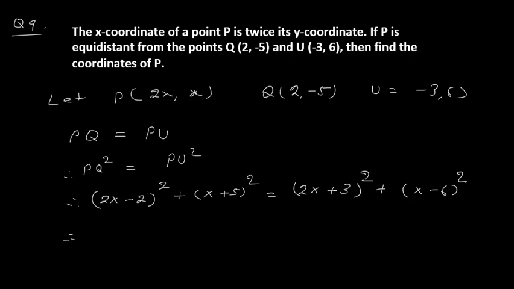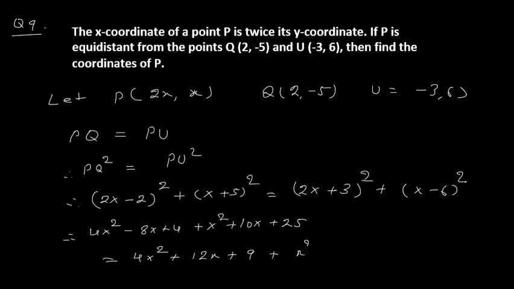So therefore here I have 4x square minus 8x plus 4 plus x square plus 10x plus 25. This is equal to 4x square plus 12x plus 9 plus x square minus 12x plus 36.